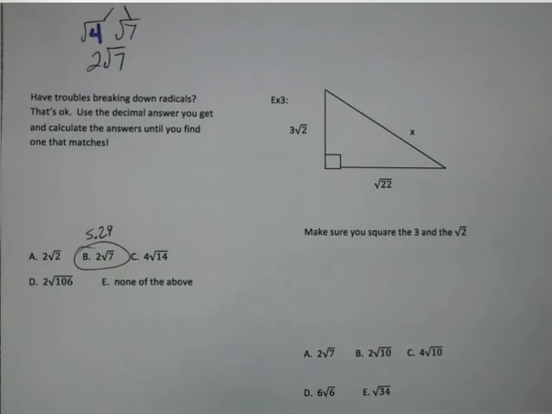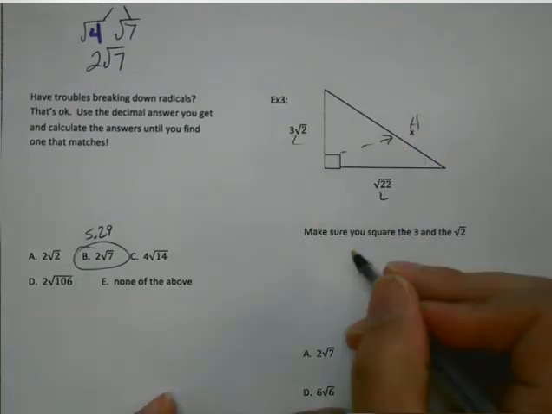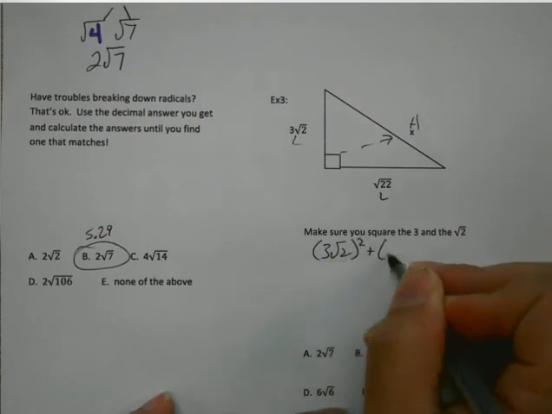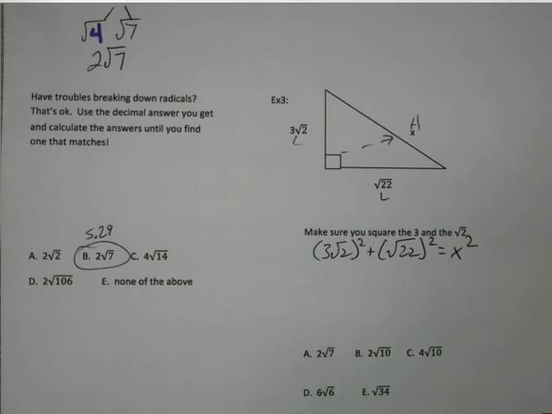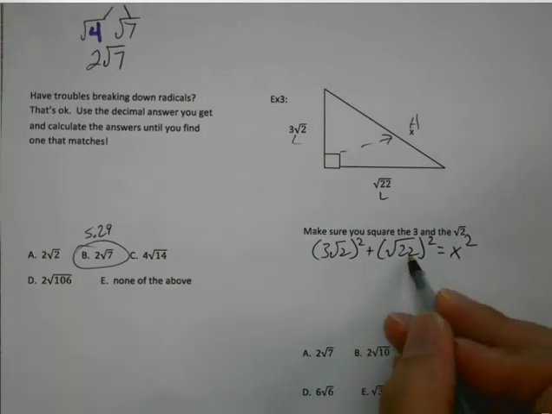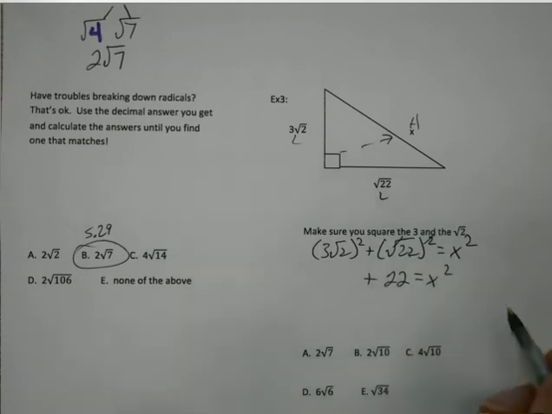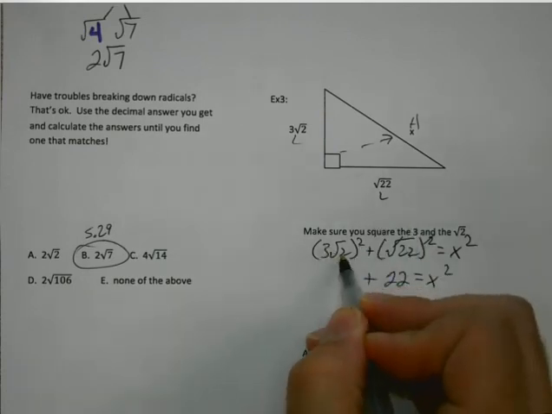You're like, well, what's so tricky about this? Here's the hypotenuse, here's my legs. So I take this squared plus this squared equals x squared. Here's the catch. Where it's just the square root of 22, you still can do this. There's your 22. Okay, that's fine. The first term, though, that squared goes to the 3 and to the square root of 2.